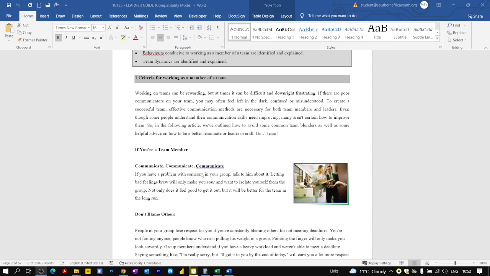If you have a problem with someone in your group, talk to them about it. Letting bad feelings brew will only make you sour and want to isolate yourself from the group. Not only does it feel good to get it out, but it will be better for the team in the long run.